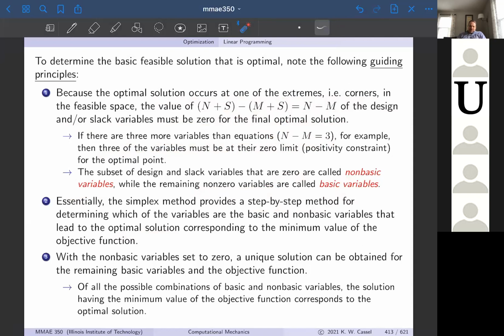So with the non-basic variables set to 0, we can get a unique solution for that particular basic feasible point. And then we can see which one, as we go around, does the J decrease or increase? Are we getting closer or farther away from the optimal solution?